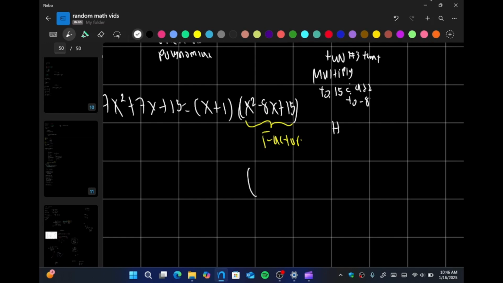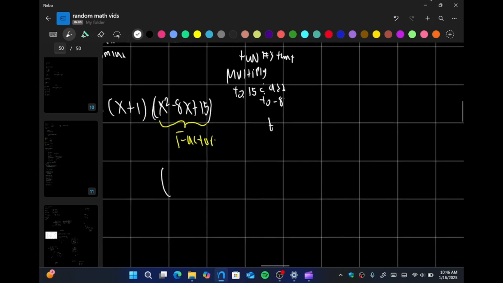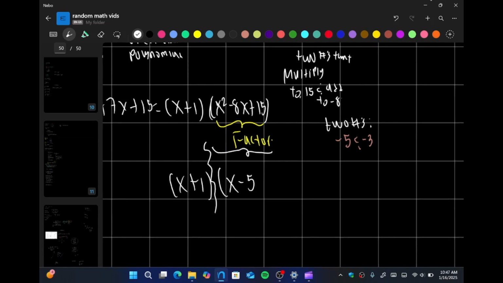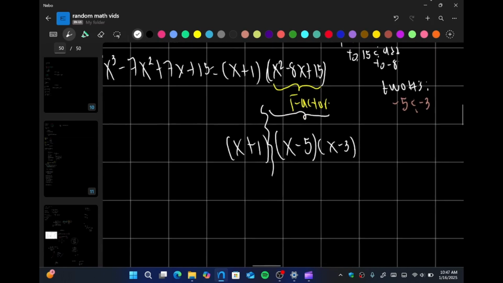And the two numbers are going to be negative 5 and negative 3. So this is x plus 1, and we're going to put x minus 5 times x minus 3.